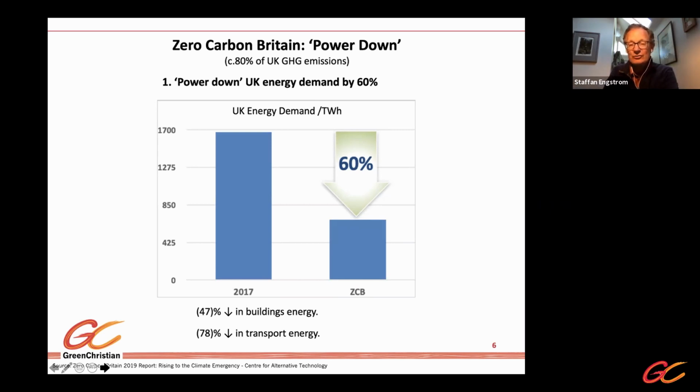Now, that reduction in transport and energy, for example, isn't all efficiency. Of the 78% that's on the chart, about 33% is efficiency, and 45% is about reducing the demand for travel.